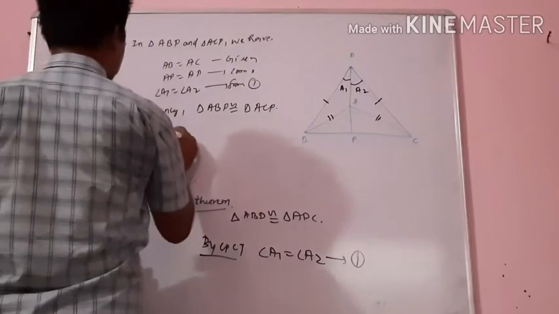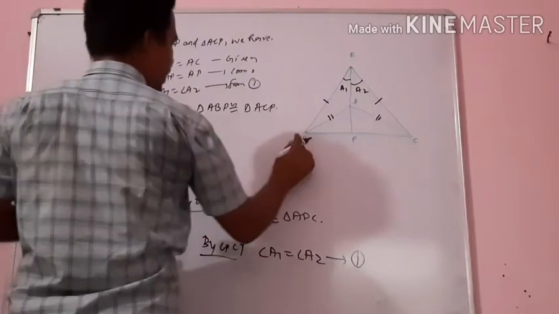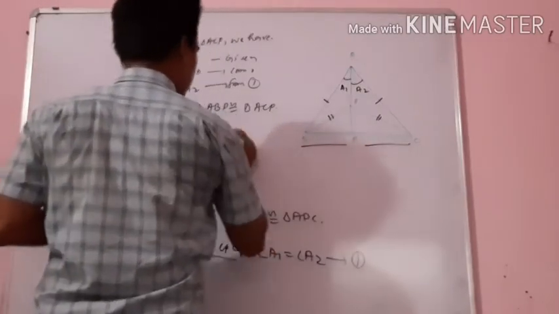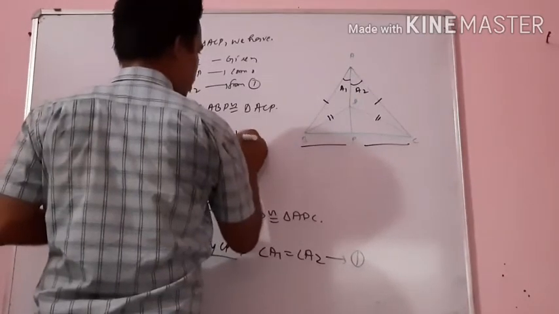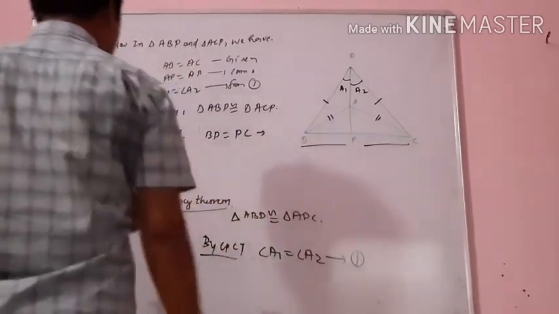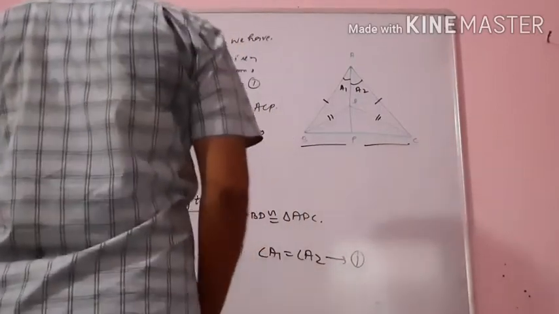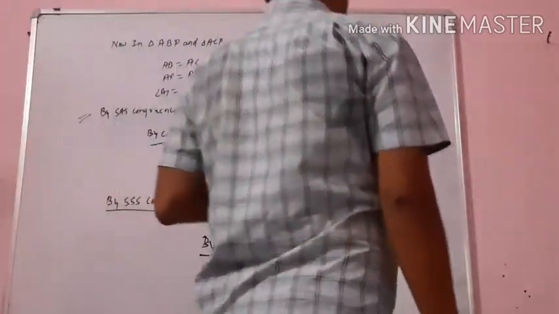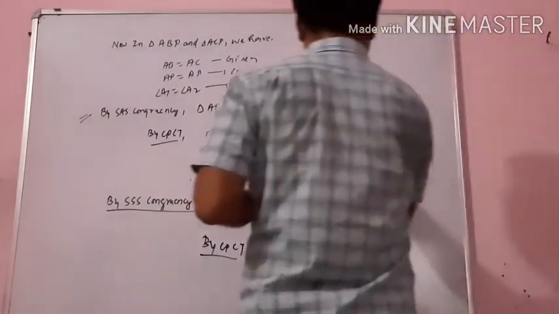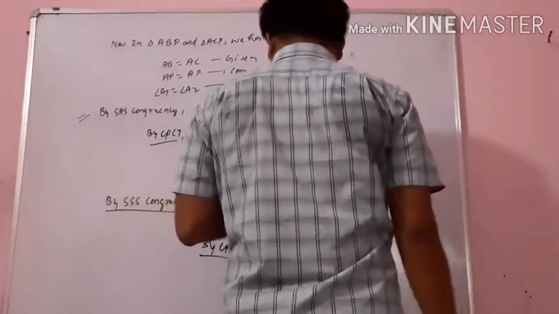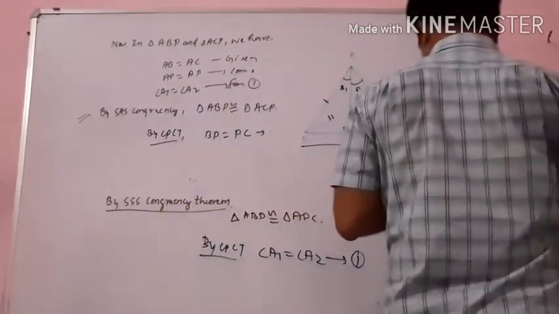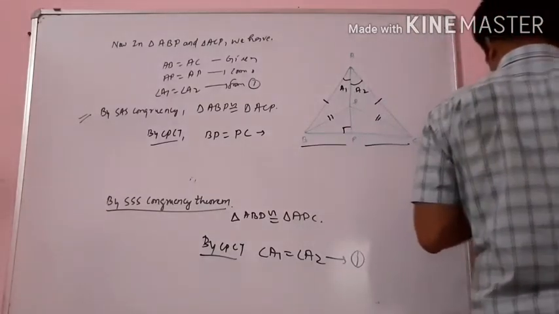By CPCT what we can get, BP equals PC. So it divides into two equal parts. But we have to prove that AP is a perpendicular bisector, which means we have to prove this angle is equal to 90 degrees. So how will we prove it?